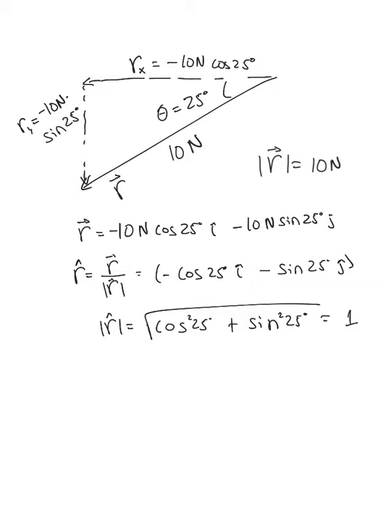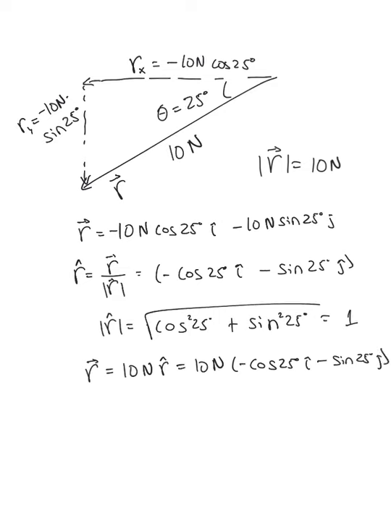So what I can do is write r hat as this, and I can say that r vector looks like 10 newtons multiplied by r hat, which is the same as 10 newtons multiplied by negative cosine of 25 degrees i hat minus the sine of 25 degrees j hat.